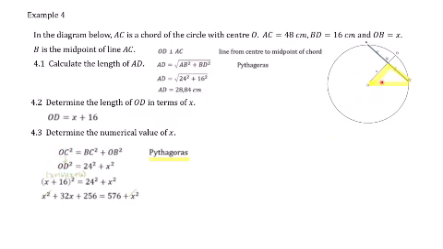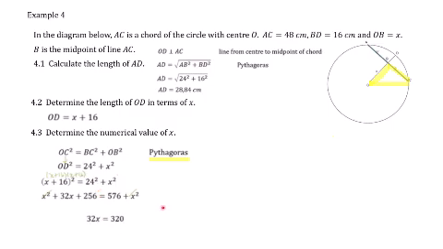So if OC squared is equal to BC squared plus OB squared, then OD squared is also equal to BC squared plus OB squared. That will give you BC squared is equal to 24 squared plus OB squared, which was given as x squared, and then we are going to substitute this OD value from 4.2. OD was x plus 16, so we said x plus 16 squared is equal to 24 squared plus x squared, and then we are going to solve for x.